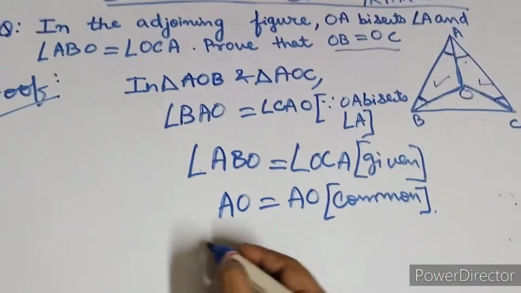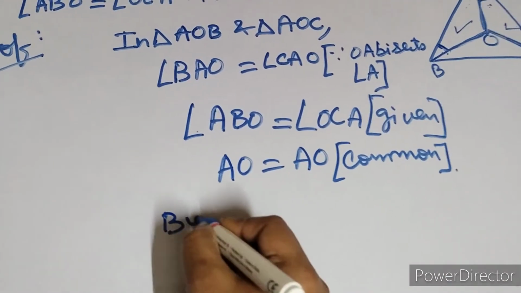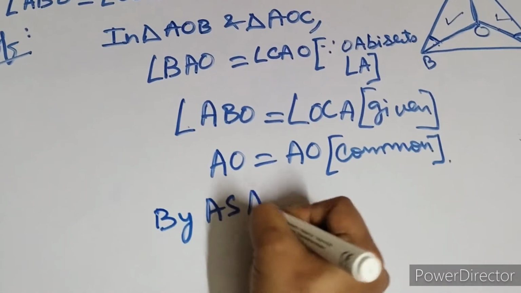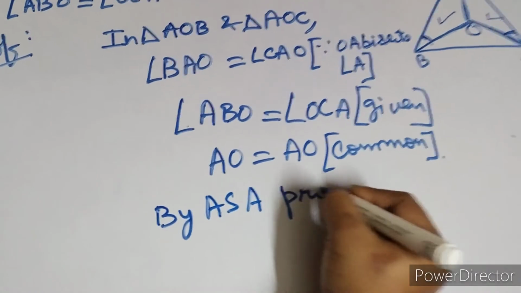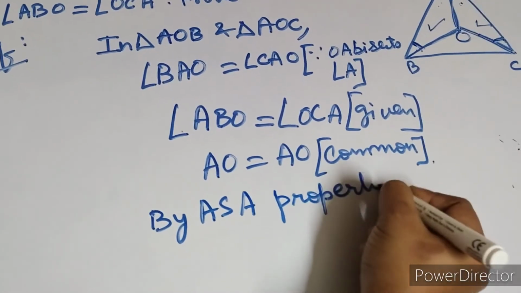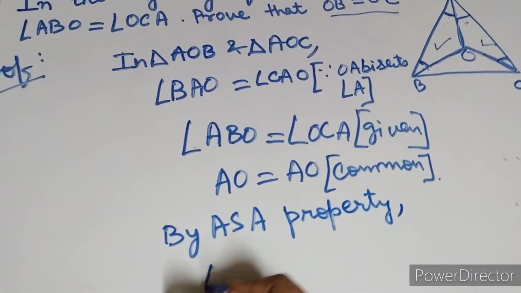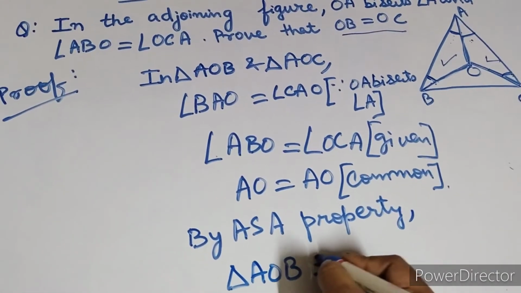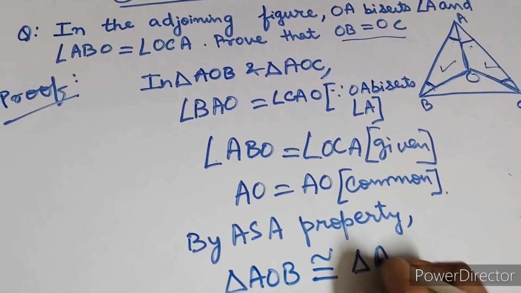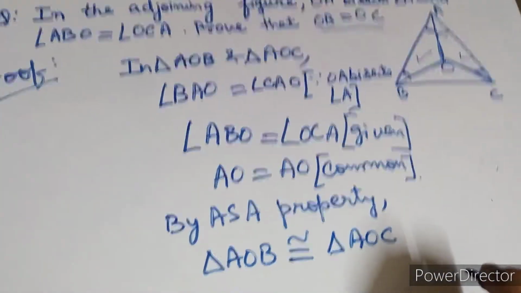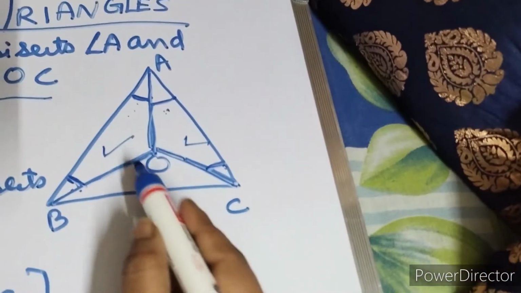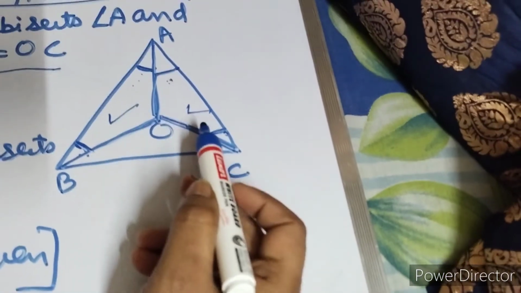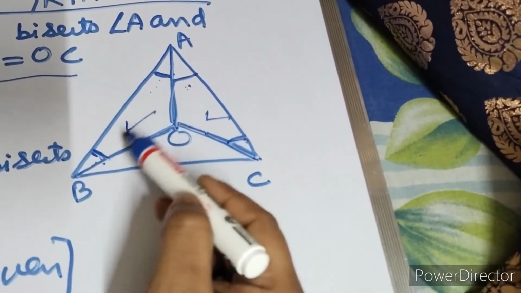So by angle, side, angle, by ASA property, triangle AOB will be congruent to triangle AOC. These two triangles will be congruent by angle, side, angle property. Yes, angle, side and angle.